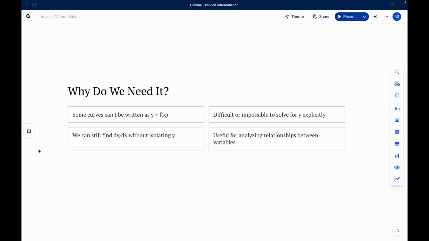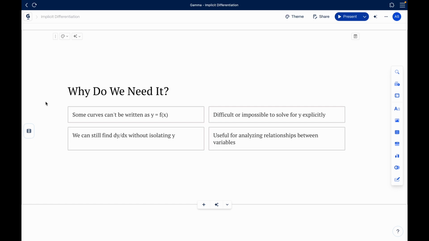Now, why do we need it? I already mentioned some of the stuff above, but let's continue on with that same topic. The first one is that some curves cannot really be written as y is equal to f of x. Basically like the circle, where you'll have to have two curves of y and x for the plus and the minus.